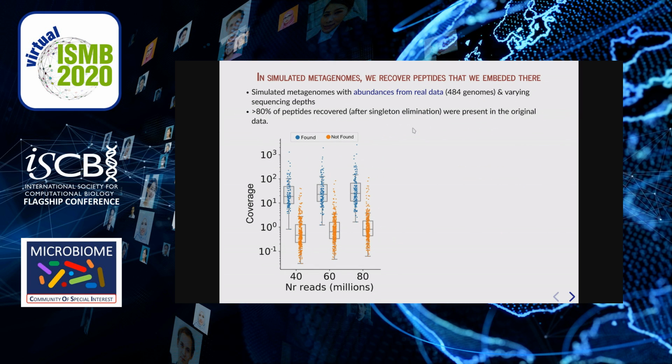We've also benchmarked this on simulated genomes, where we know what we should be getting. Here the two questions are: one, do we get what we put in there? And the answer is yes, as long as the coverage is high enough. Not perfect, there are also some stochastic effects. And do we get a lot of false positives? The answer is no, we do not.